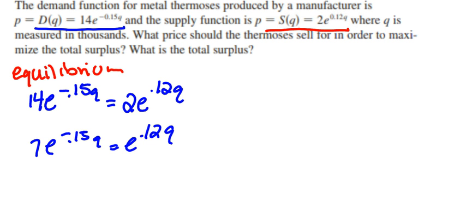And now what I'm going to do is I'm going to multiply both sides of my equation by e to the positive 0.15 Q. So that's all still the same.